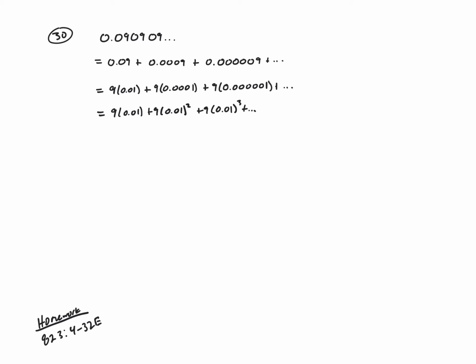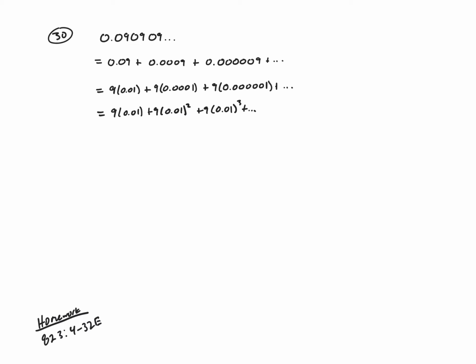So notice here, 0.090909 is the same thing as 0.09 plus 0.0009 plus 0.000009 plus etc., keeping that pattern going. Well, we recognize that this piece right here is the same thing as 9 times 0.01.